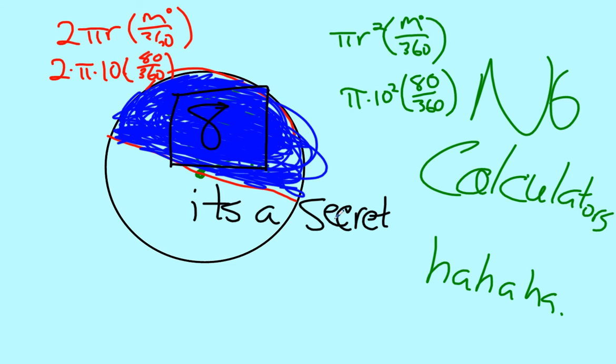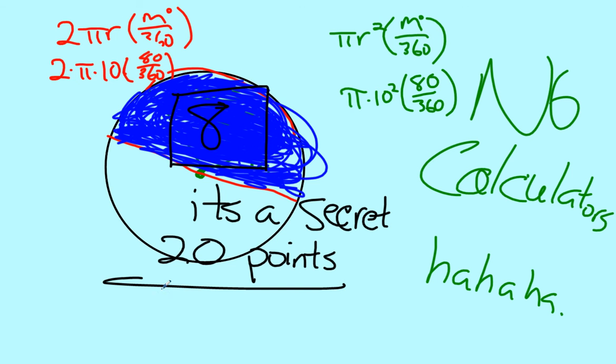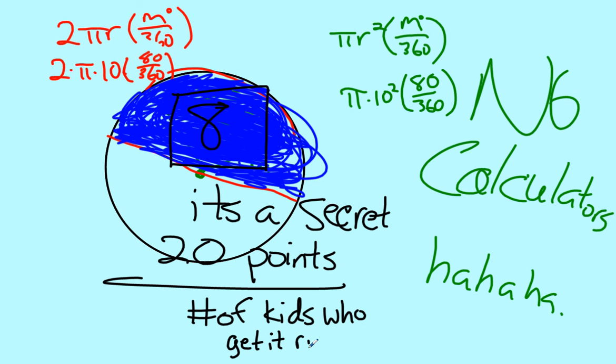To make sure this stays a secret, let's say this is worth 20 bonus points, divided by the number of kids who get it right. So if you tell everybody, you're not going to get any points. So keep it a secret. But it's 8. Don't forget it's 8. But don't tell anyone it's 8. Shh. Okay, so study this. You'll be alright. Okay, good night.